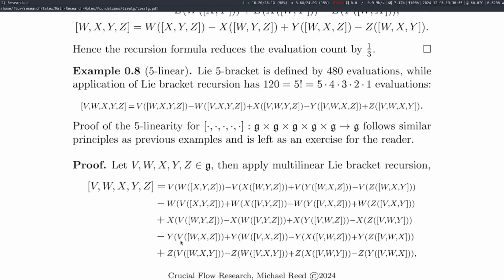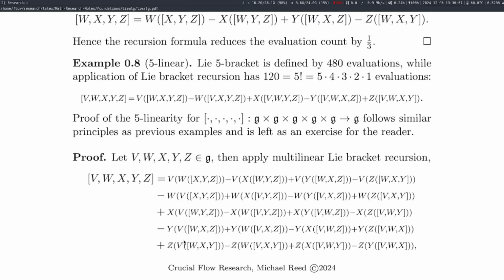Now let's consider the 5 linear case. So the 5 bracket is defined by 480 evaluations, while application of Lie bracket recursion has 120 evaluations, which is 5 factorial. So what does this look like in practice?